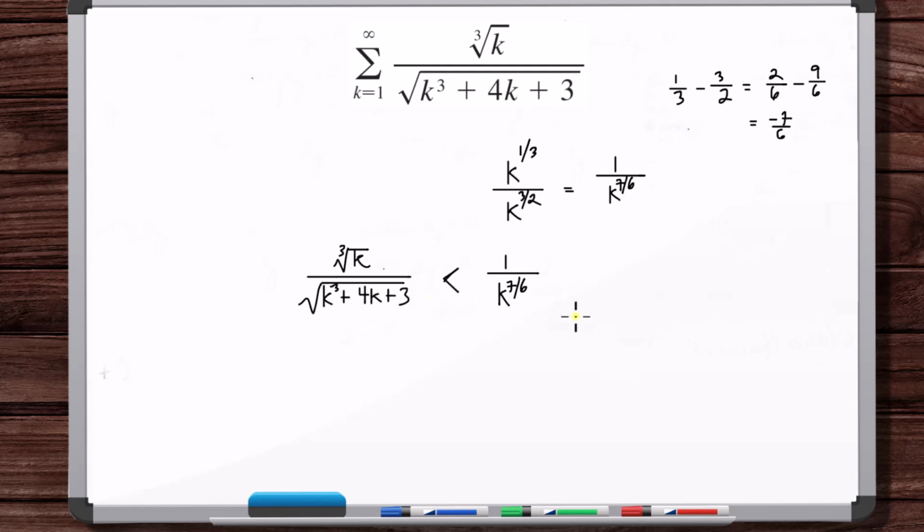Okay? Now, what is this? This is a p series with p greater than 1. So this is convergent. Okay? This is always greater than this. So that means this is convergent.